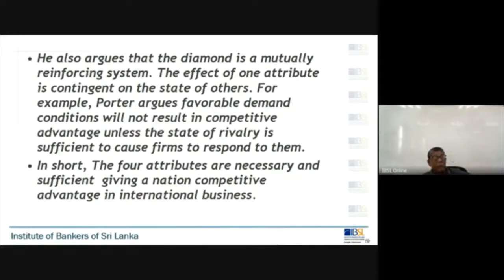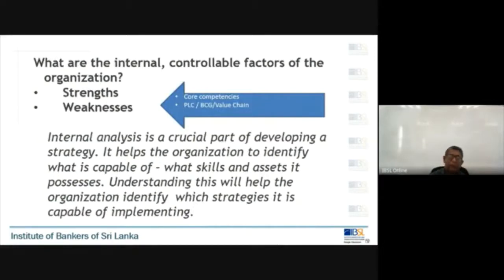One of the factor endowments is their land, then related supportive industries, and the strategy. So all factors contribute to considering your capabilities.